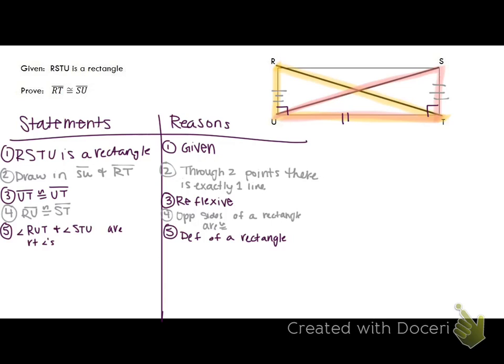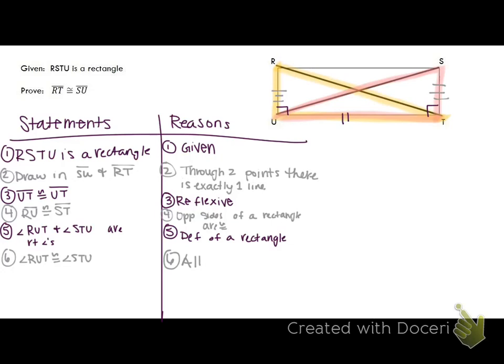And we know all right angles are what? Congruent, because they're both 90 degrees. So we can now say that angle RUT is congruent to angle STU because all right angles are congruent.